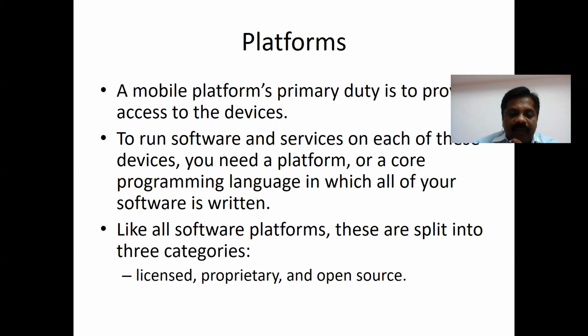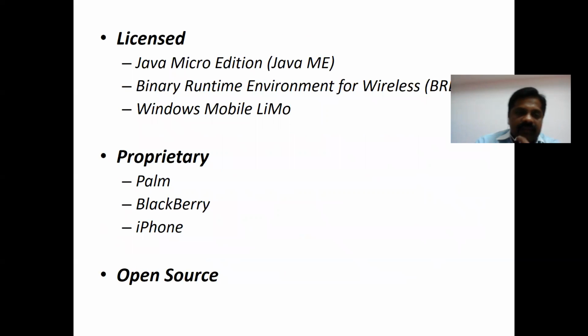Like all software platforms, these are split into three categories: licensed, proprietary, and open source. So what is licensed? Licensed is Java Micro Edition, Binary Runtime Environment for Wireless, Windows Mobile, LiMo. These are all licensed software.